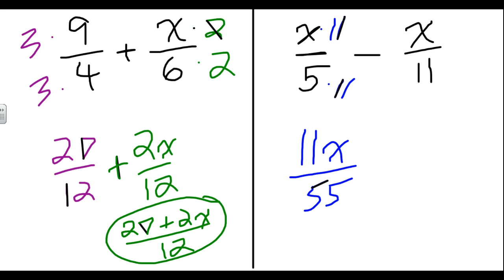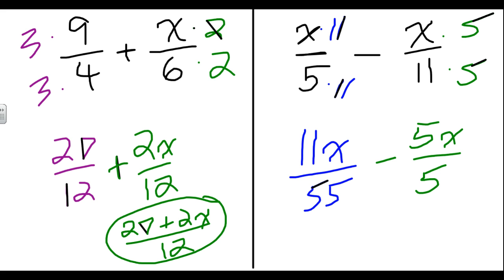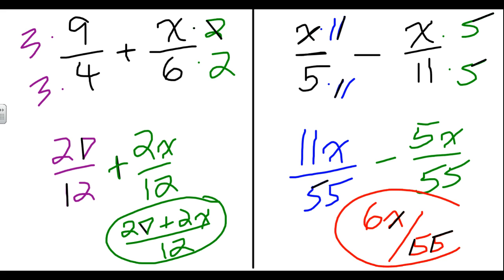In the right-hand fraction, we'll need to multiply by 5 in numerator and denominator, get 5x over 55. And then we just subtract the numerators like normal. 11x minus 5x is 6x, and that is all over 55. So we get 6x over 55.